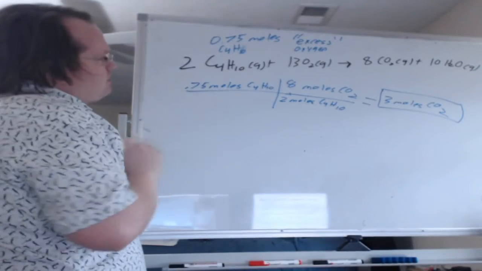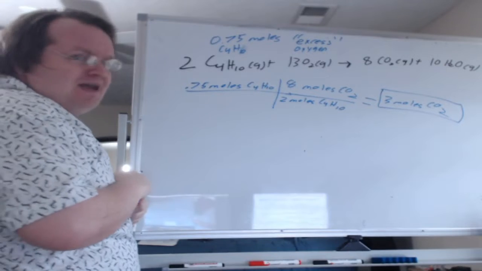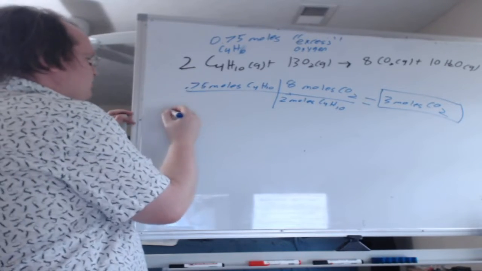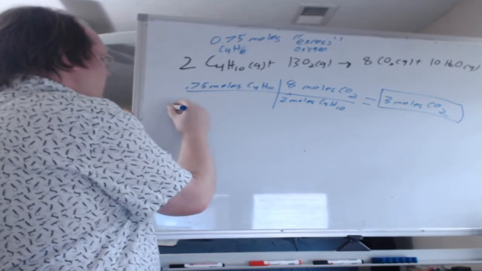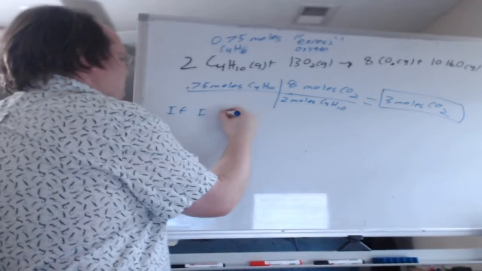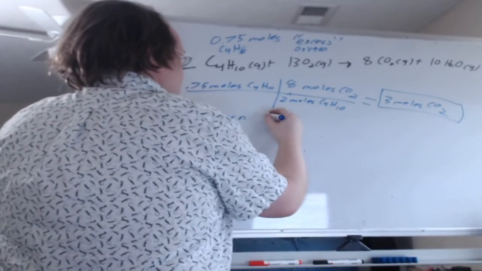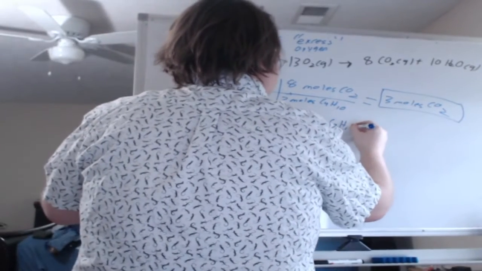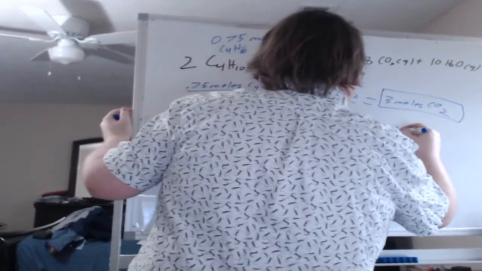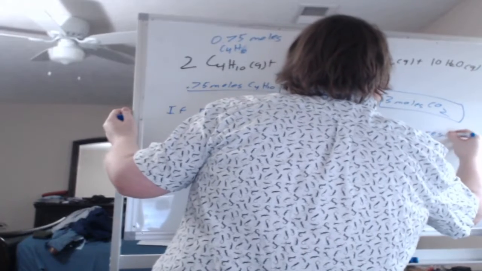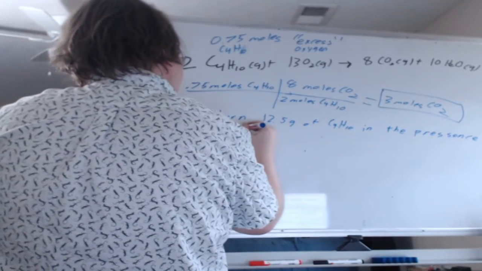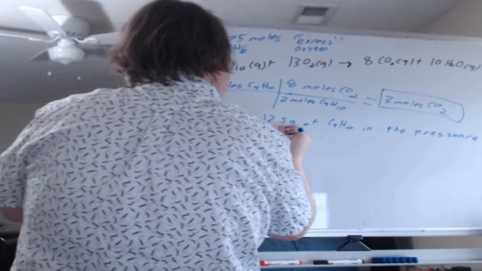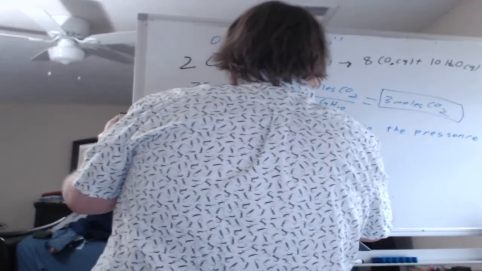Now, some problems are going to ask this a bit of a different way. Maybe I'm not going to know I had 0.75 moles. What if instead we ask this? If I burn 12.5 grams of C4H10 in the presence of excess oxygen, how much water is produced?